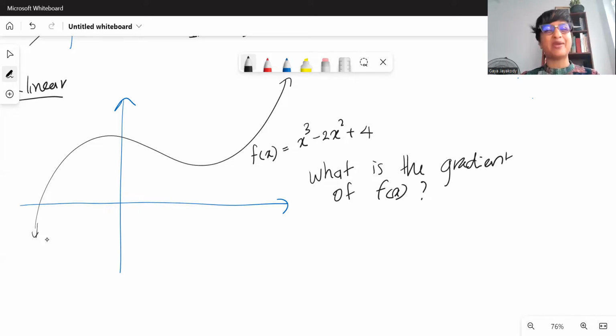Does my question make sense? The first thing you have to say is, "Madam, the question makes no sense. What is the gradient of the whole function?" There is not even a meaning to my question. My question itself is wrong to begin with, isn't it?